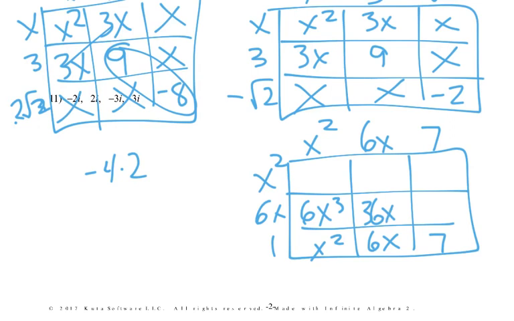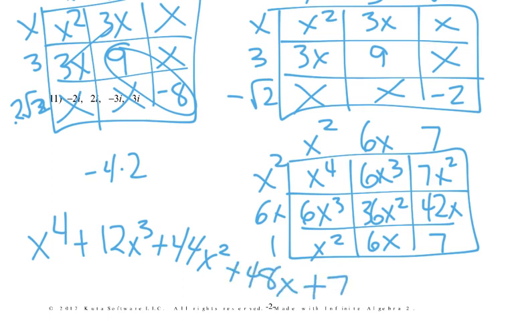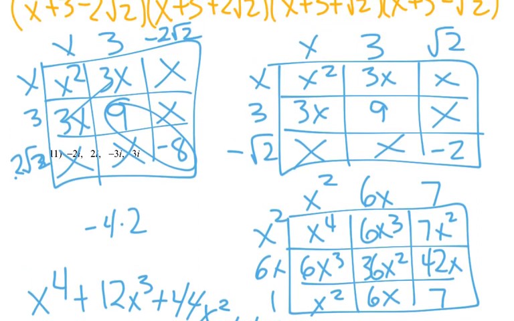And it looks something like this. So my answer, x to the 4th plus 12x cubed plus 44x squared plus 48x plus 7. And there's my answer to number 10.